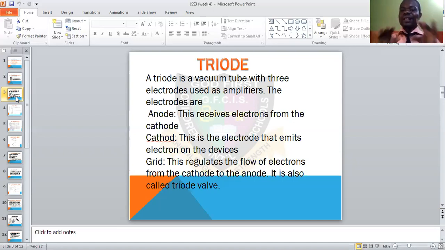This one regulates the flow of electron from the cathode to the anode, because the cathode is the one that releases and the anode is the one that catches. So it is the grid that regulates the movement of the electron from the cathode going to the anode to be received. This grid has another name called the valve or the triode valve. That is about the triode.